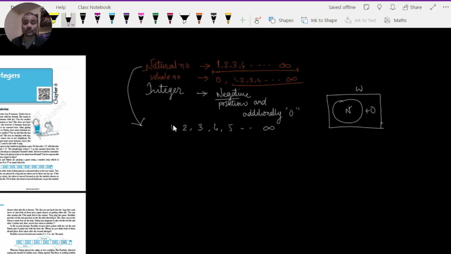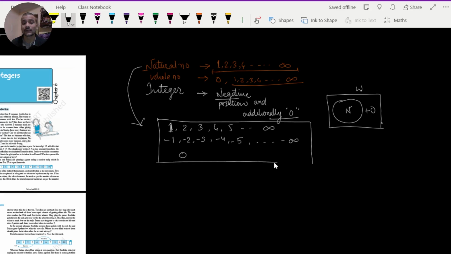Natural numbers had no negative numbers, so we have to add negatives here: -1, -2, -3, -4, -5 till infinity, and additionally a 0. Add 0, so this set will be called integers.